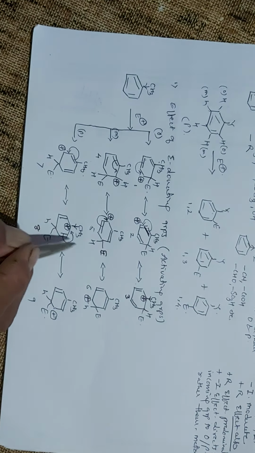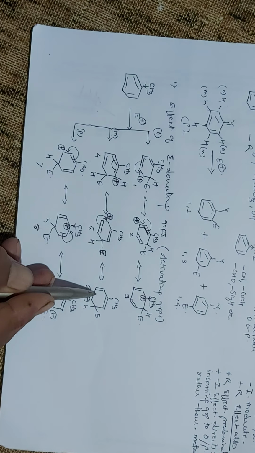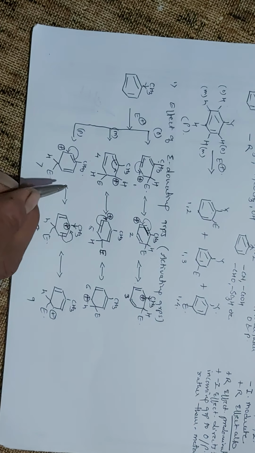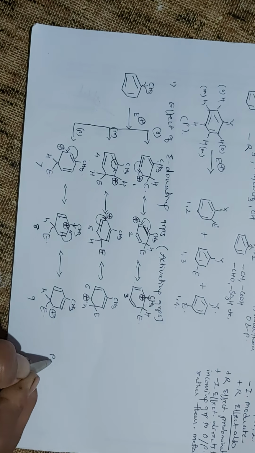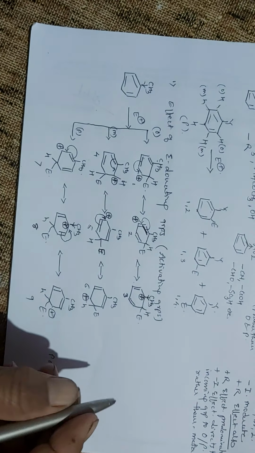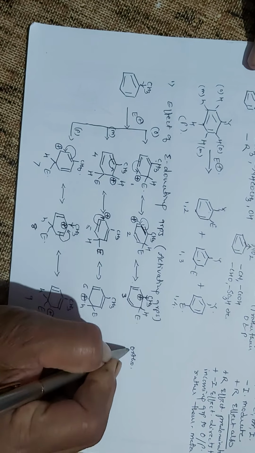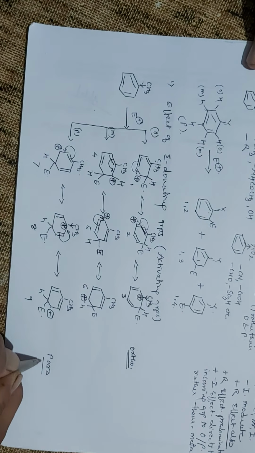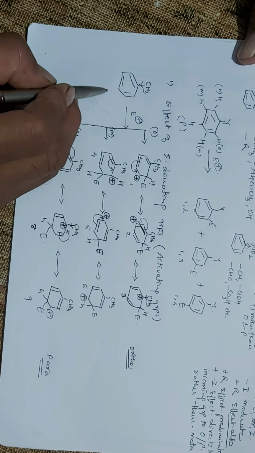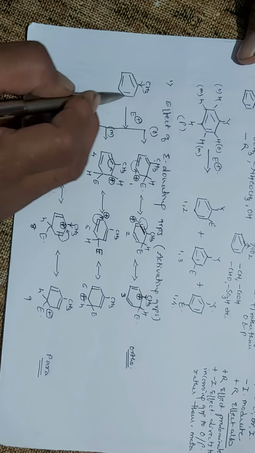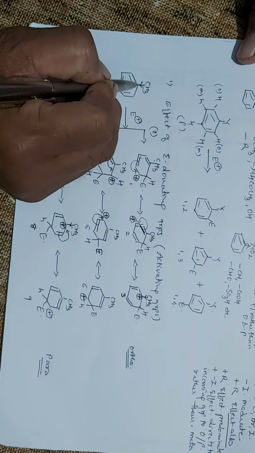Such a situation is not seen in the meta substitution, and that's why you get the para substituted product or the ortho substituted product as the major product in the reaction where the aromatic ring contains electron donating activating groups.